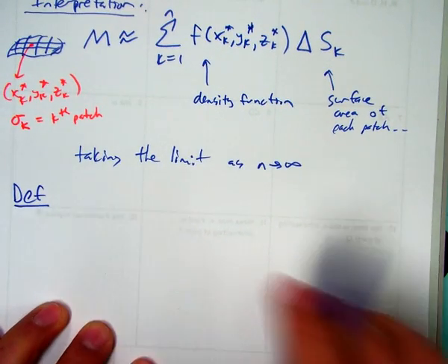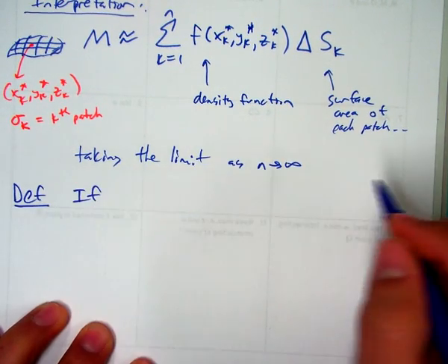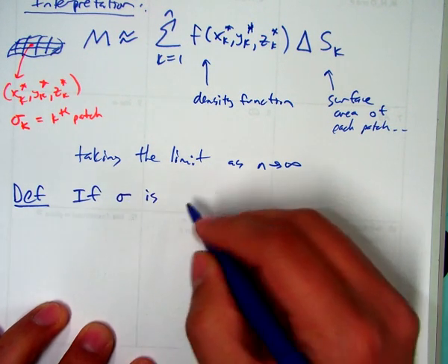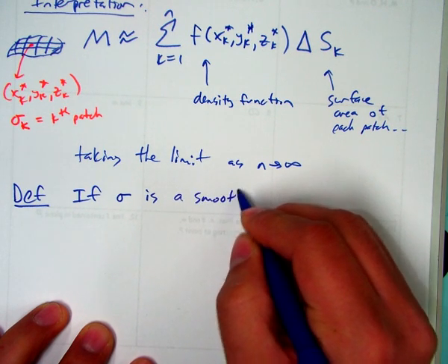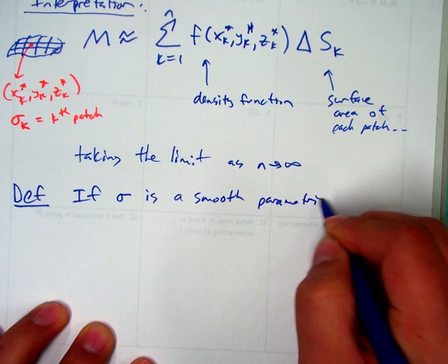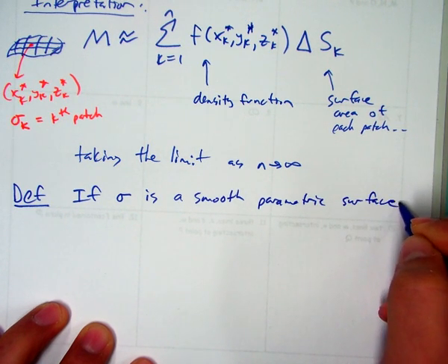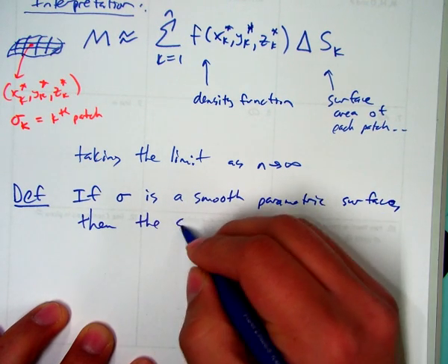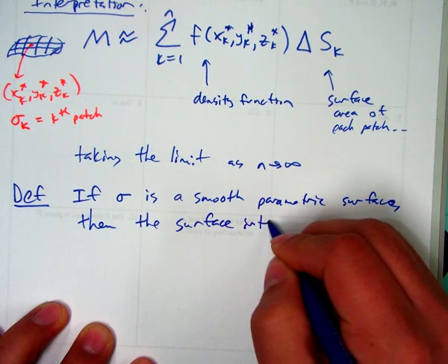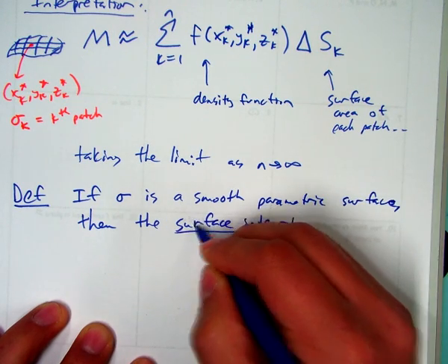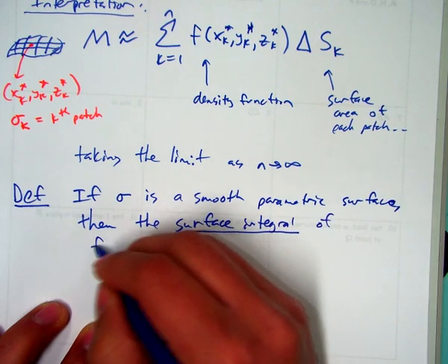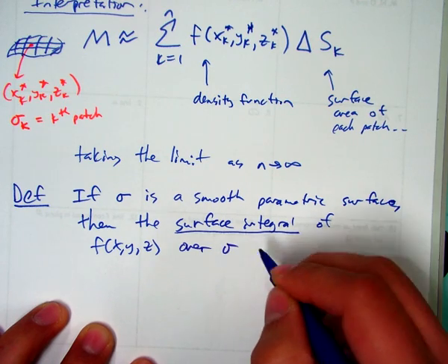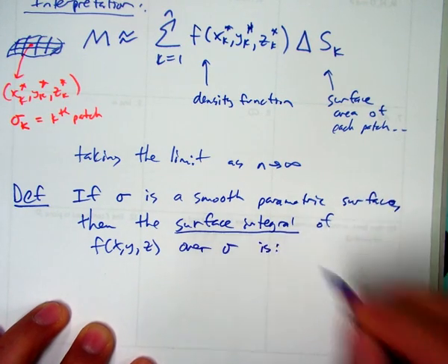Okay, so the definition looks something like this. If sigma, and this is little sigma, is a smooth parametric surface, then what we call the surface integral of f of x, y, z over that surface looks something like this.